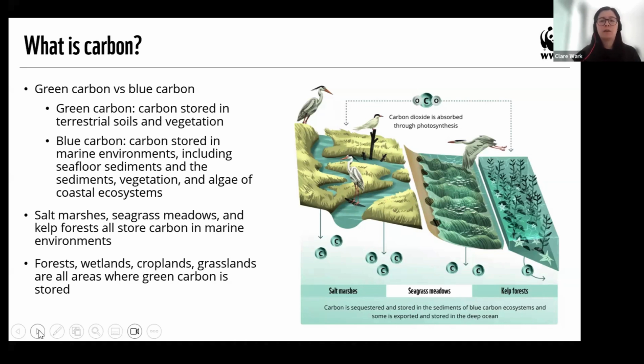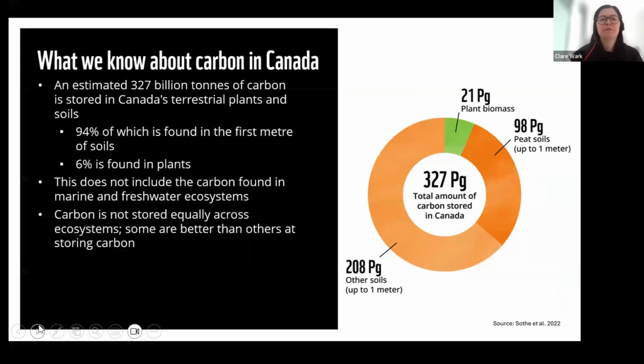And similar to how we can find stores of green carbon in peatlands, grasslands, forests, croplands, blue carbon is stored within salt marshes, seagrass meadows, and kelp forests here in Canada. And that image on the right is an illustration of a coastline that has all three of those kinds of ecosystems within it.